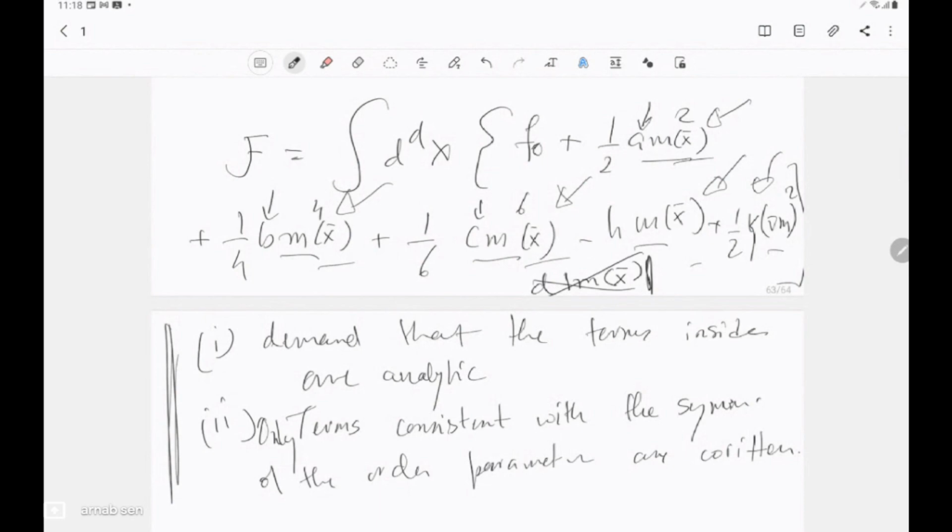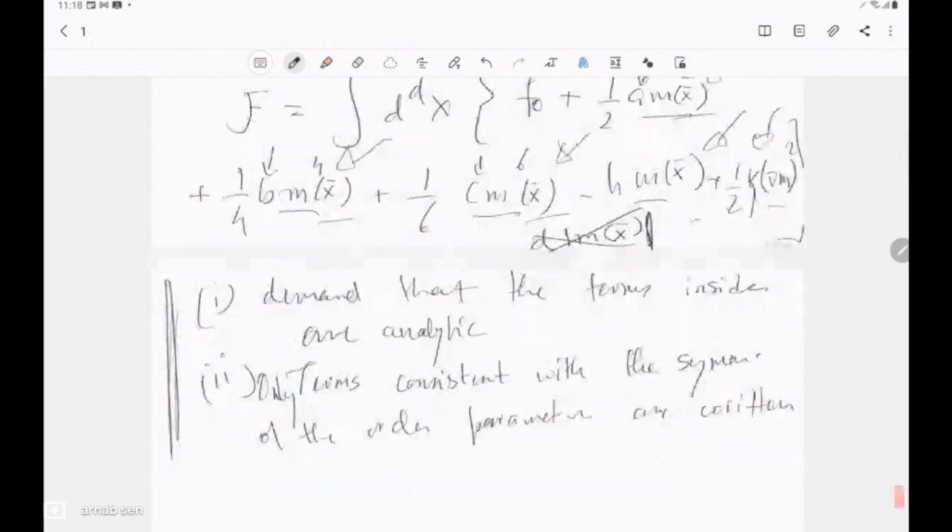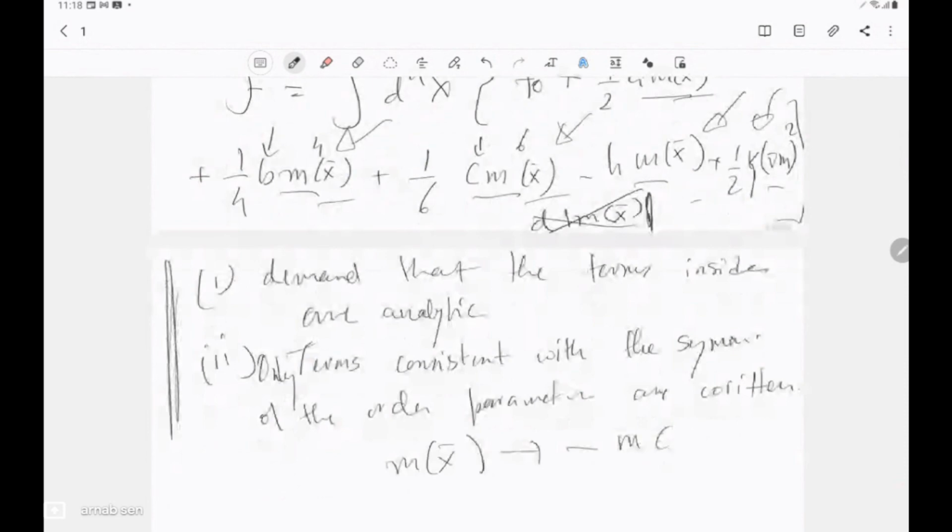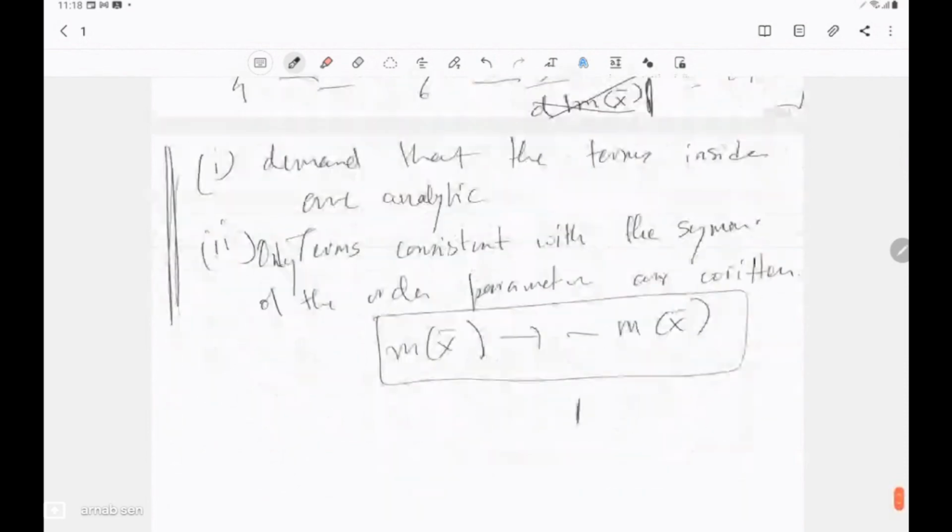So the Landau-Ginzburg theory generalizes that. It just says that now it's a function, not a number, and the terms inside the function should be consistent with m of x going to minus m of x. That's the symmetry when h is 0. That symmetry should be preserved when h is 0. That is the new addition.